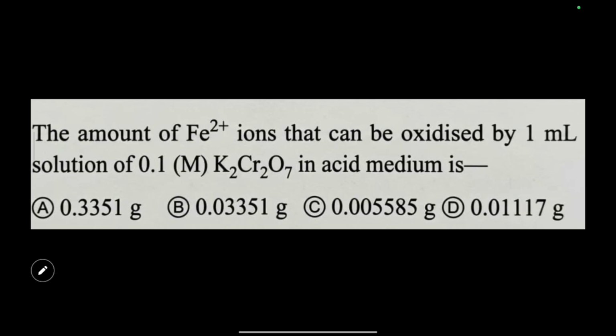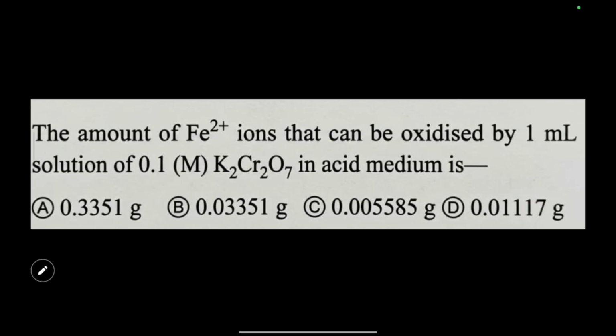Given the amount of Fe2 plus ions that can be oxidized by 1 ml solution of 0.1 molar K2Cr2O7 in acidic medium. So what is asked to you? You have to calculate the weight, the amount, of Fe2 plus ion.